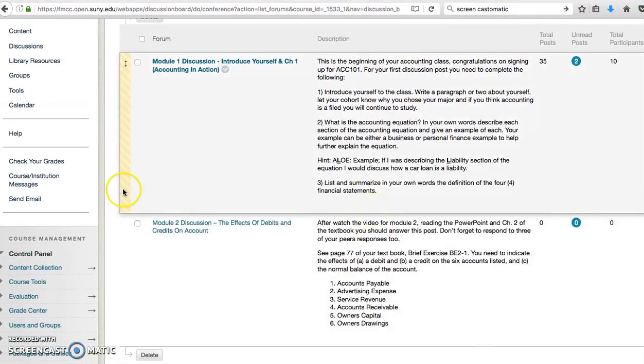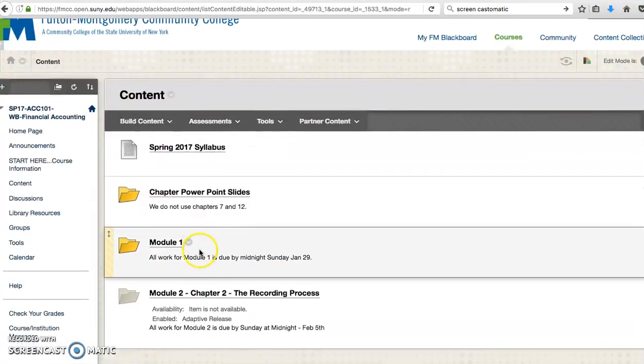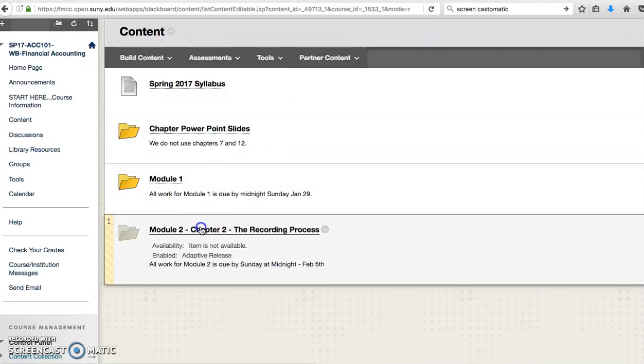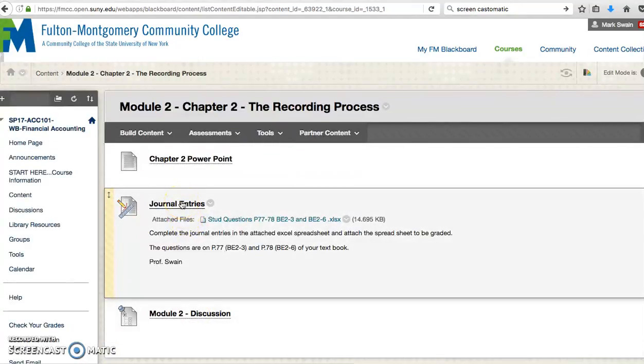The next thing you need to do is go to Content, and under Chapter 2 complete an Excel spreadsheet for journal entries. You click on this one here, and you'll see that there are journal entries right here. The questions are on page 72, or if you're using the online textbook, it's BE2-3, BE2-6, which stands for Brief Exercise.